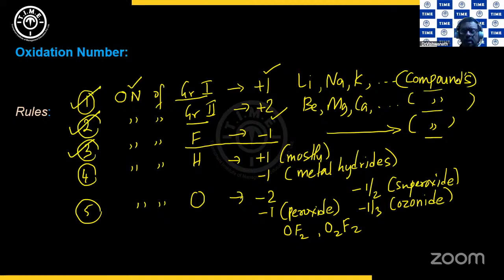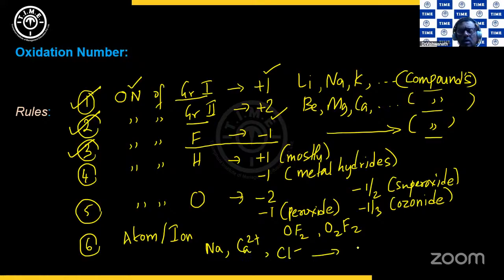Right? Next thing is that if you have only one atom or an ion, it could be, let us say, Na, or it could be a Ca2+, or it could be a Cl-, right? The oxidation number is equal to the charge on the atom or on the ion. For an atom, if it is a neutral atom, the charge is 0.